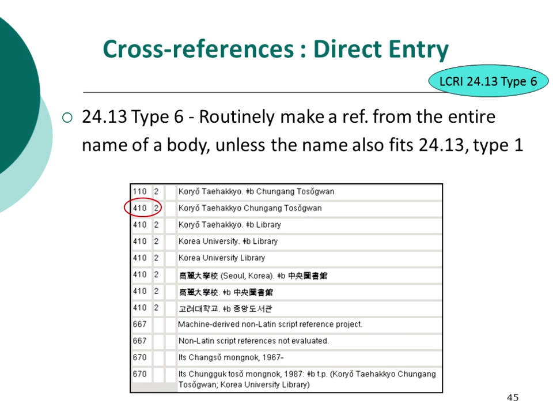If you look at the script here, it gives you a clue about this library. And if you look at the 670, yes, it is a form that appeared in its entirety. So the name has appeared in its entirety, and it does belong to type 6. The rule tells us to make a reference unless it also fits type 1. What is type 1 for the non-government body entry rule?